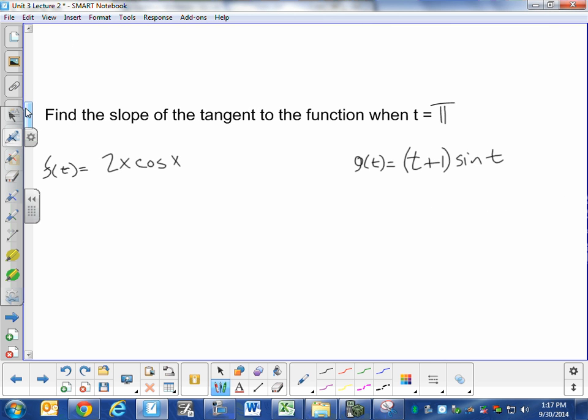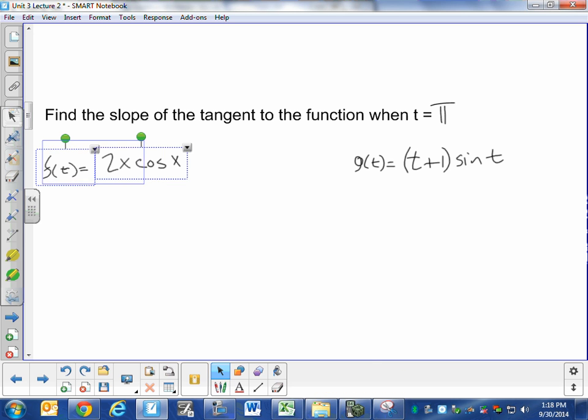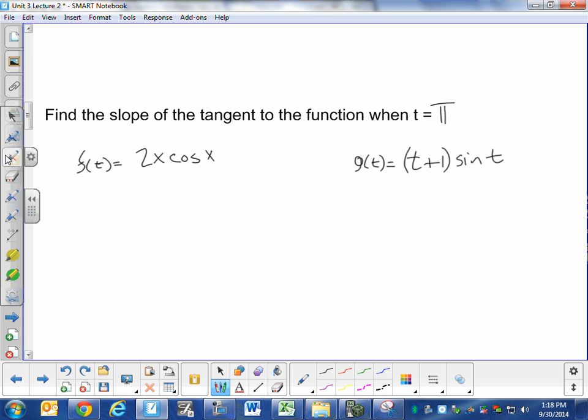So, do the following. Find the slope of the tangent to the function when t is equal to pi. This product rule really helps us be able to plug in values. Make sure we separate things into an f and a g.